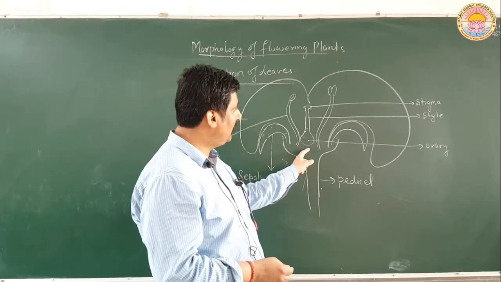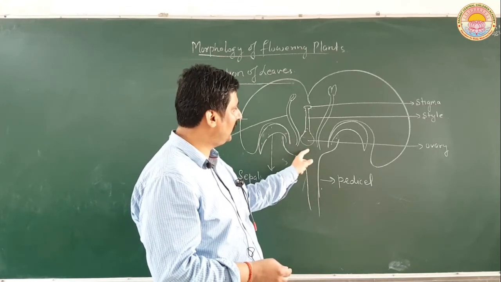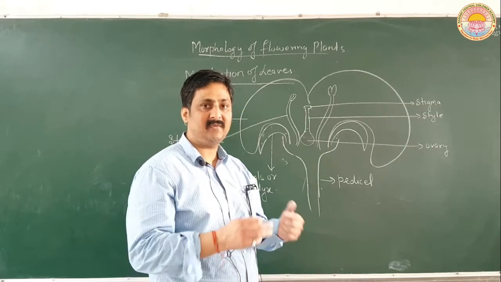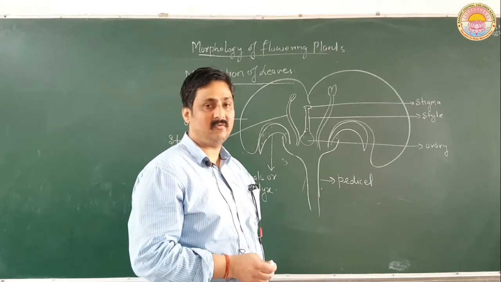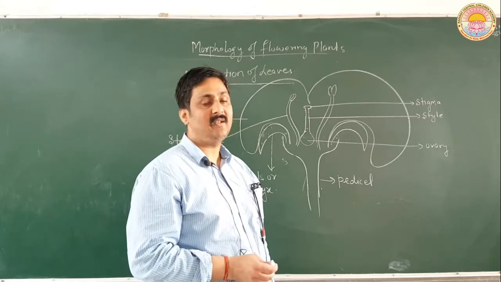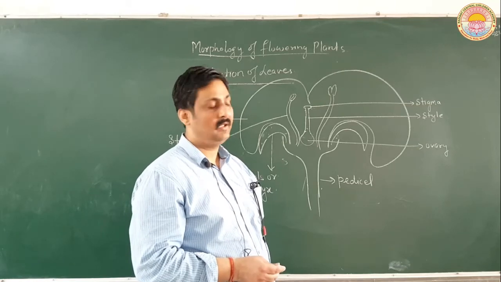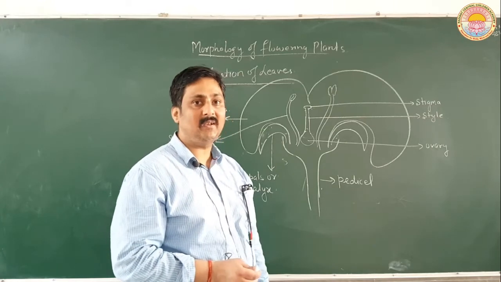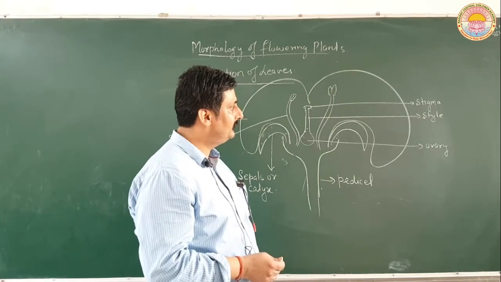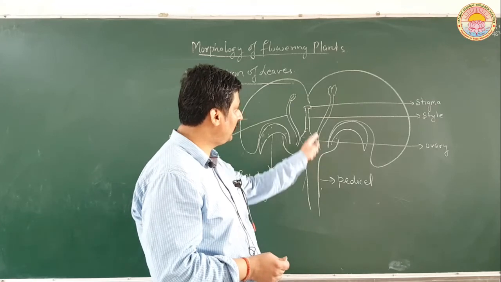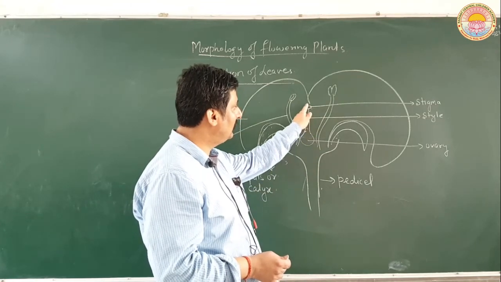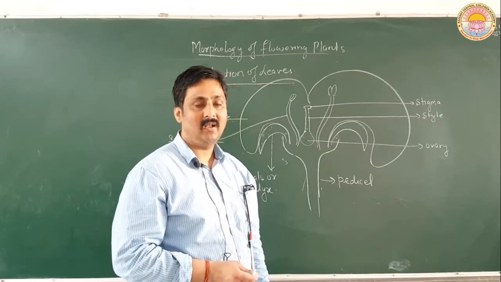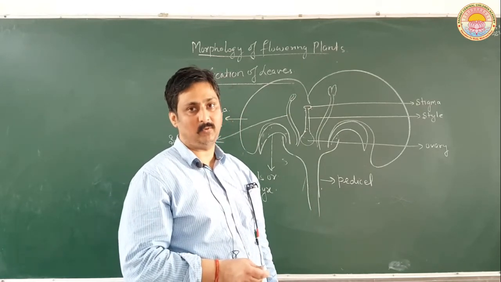In the middle portion you observe a structure called the pistil, or a group of pistils combined together to form the gynoecium. It is actually the female part consisting of the stigma, a structure which receives the pollen grain, and the style, a long structure. When a pollen grain gets deposited on the stigma, it grows and forms a pollen tube.